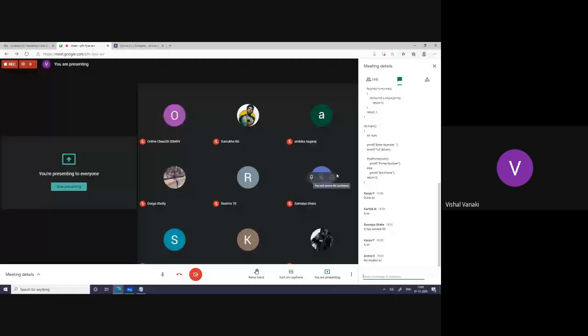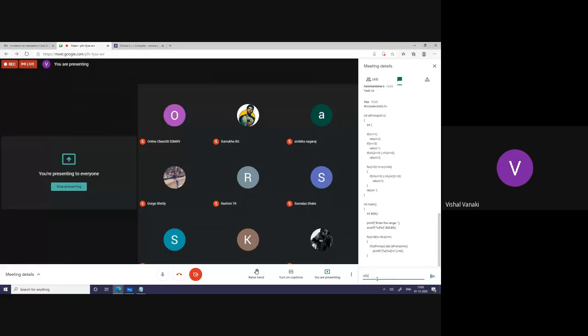Okay, super. So I'm sharing it in a messenger. I think the last part, return 0 and the closing bracket, is not coming. So I'll send return 0 semicolon and the closing bracket separately.